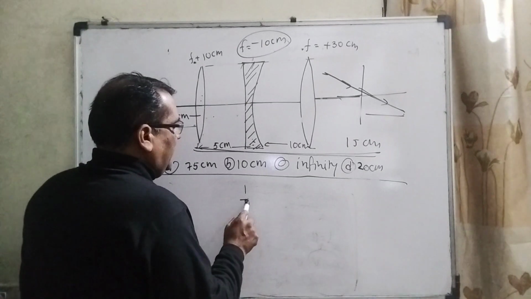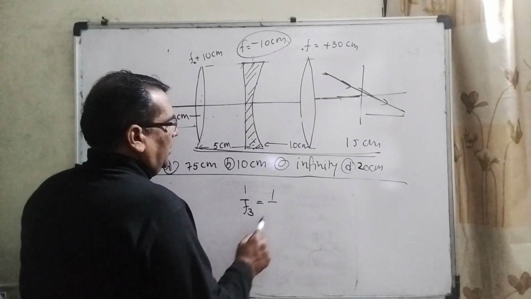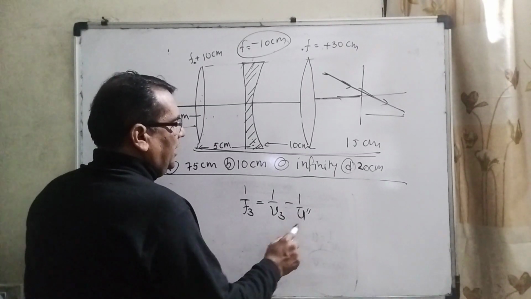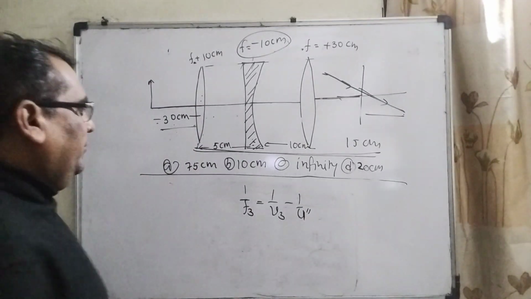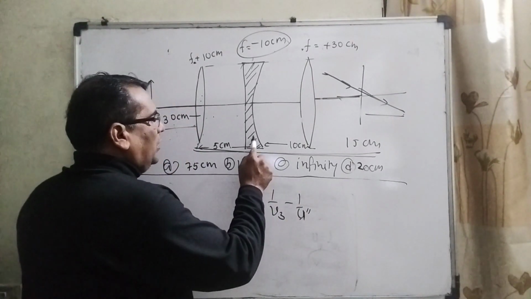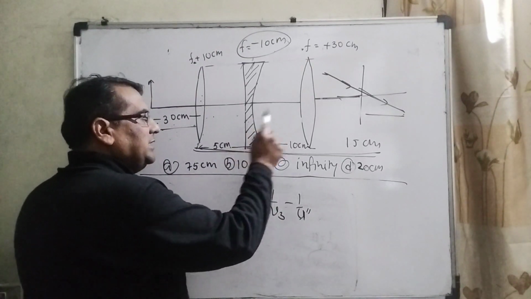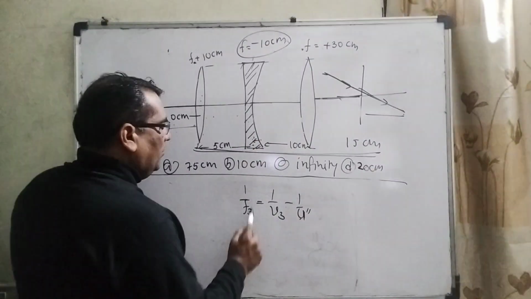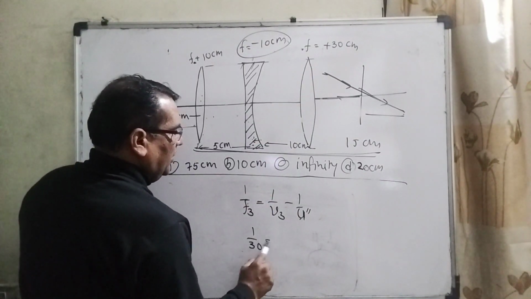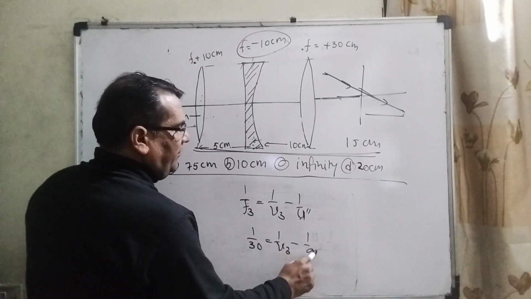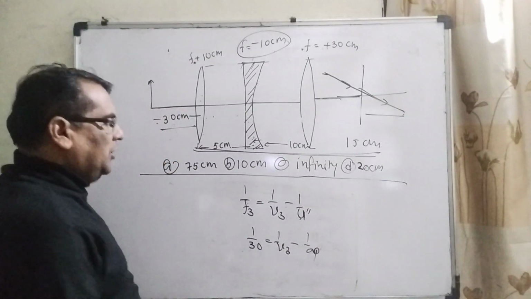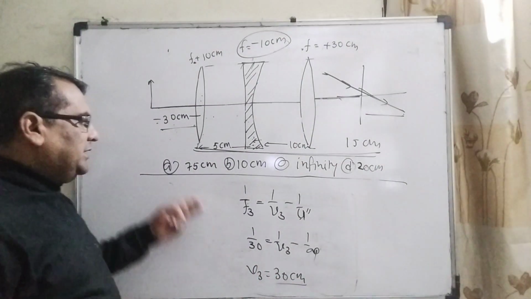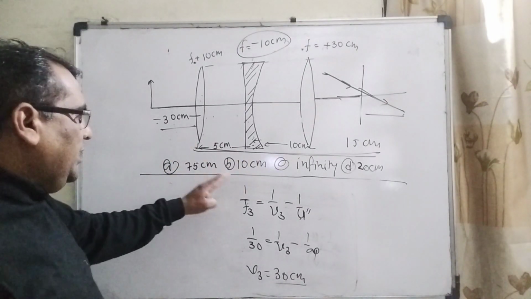Now for the third lens, 1 by f3 equals 1 by v3 minus 1 by u double dash. We have already found that the image distance from the second lens is infinity, and this works as an object for the third lens. f3 is plus 30, so 1 by 30 equals 1 by v3, since 1 by infinity is zero. So v3 equals 30 centimeter. But you can see there is no answer of 30 centimeter.